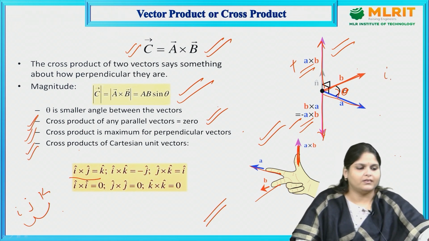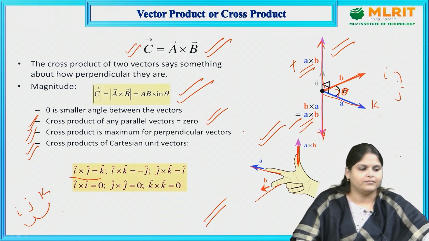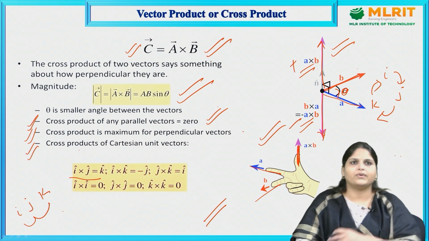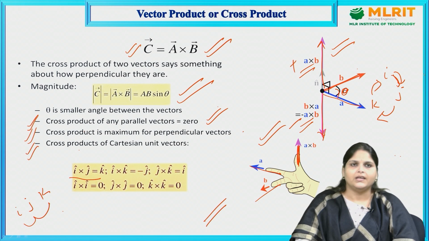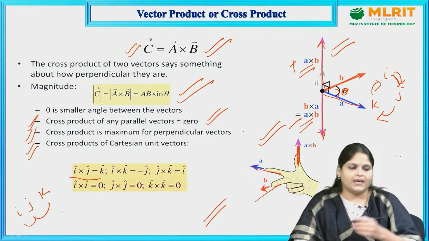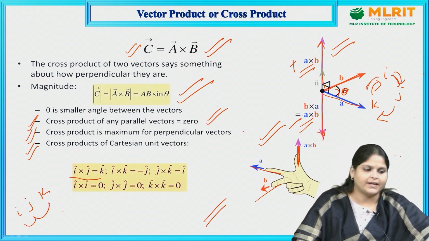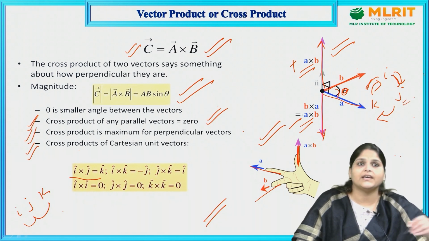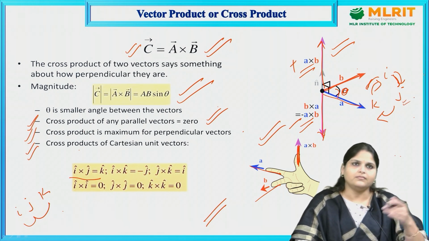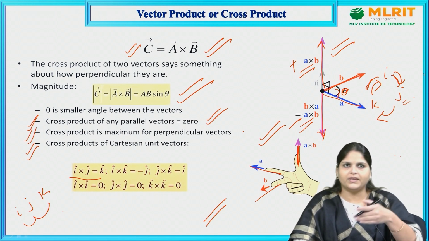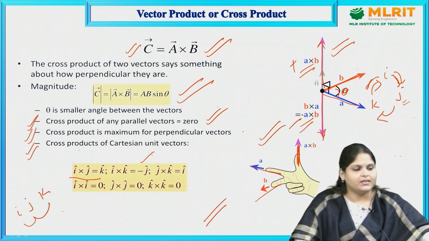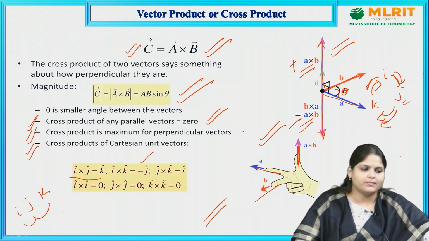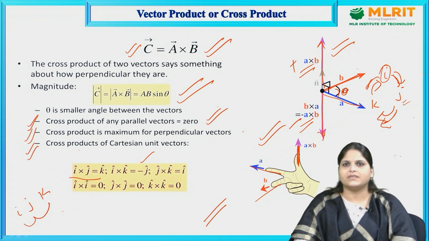Or you can write it like this, right? So i cross j becomes k. Next is i cross k. Now this is not the sequence, right? But we know the magnitude will be j, but because we are changing the sequence, we are going in the opposite direction, so it becomes minus j. Then j cross k, again the same sequence, magnitude is i with a positive sign, right? So this is with the different unit vectors.